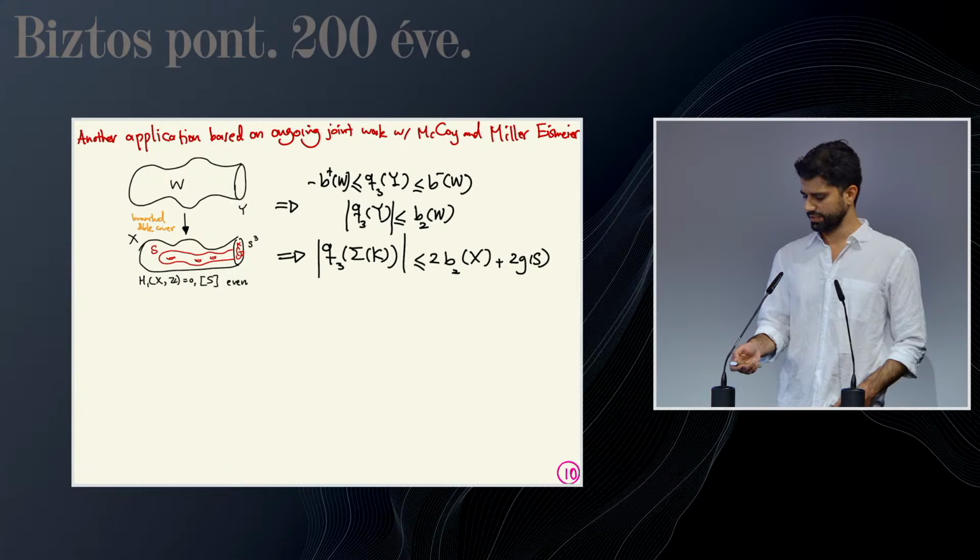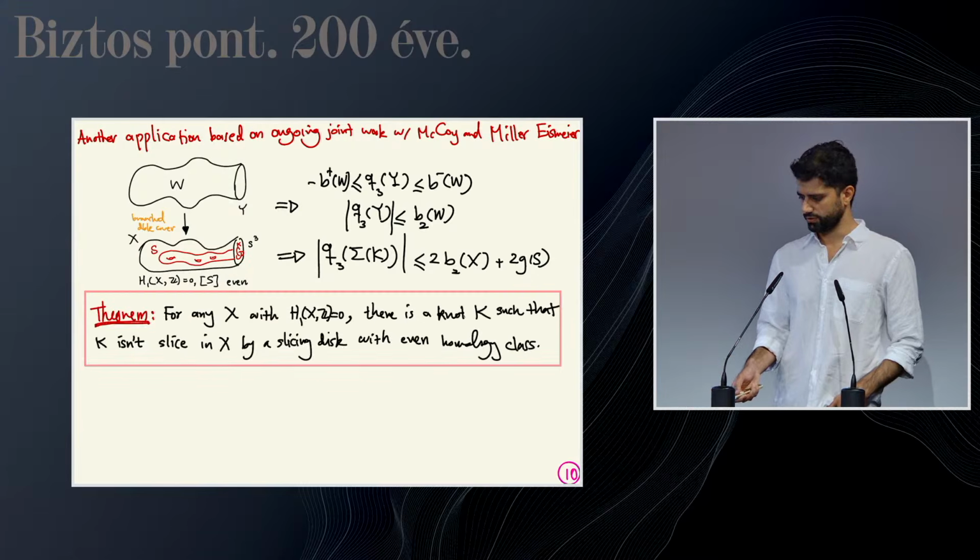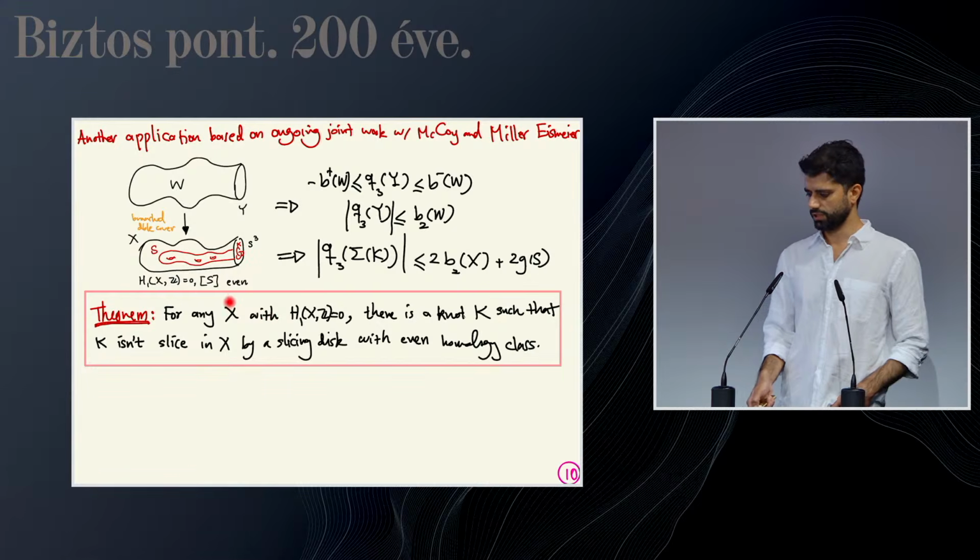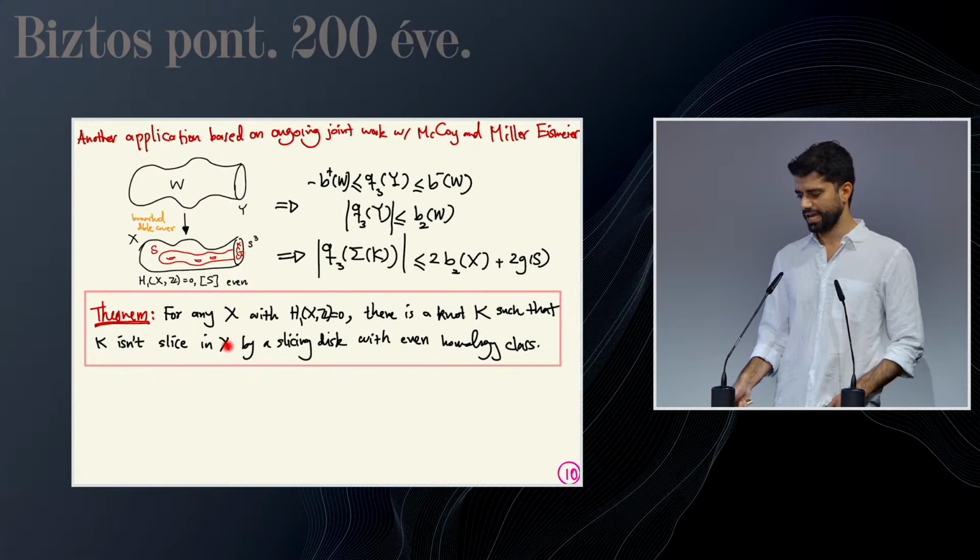But something you can see here from this inequality is that if you fix X and assume that your knot is chosen so that this quantity is large, then you would get some lower bound on the genus of your surface. In particular, you can conclude that for some X with this constraint on the first homology, there is a knot which is not slice inside X if you assume that the homology class of the slicing disk is even. In order to be able to pass to the branched double cover, you need that assumption.